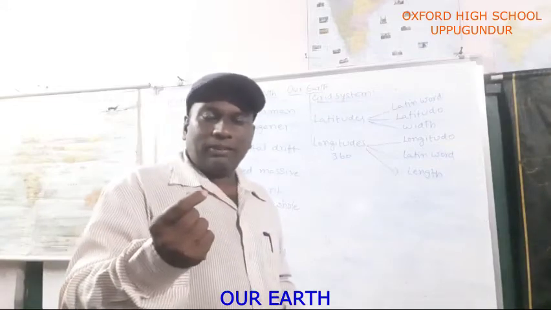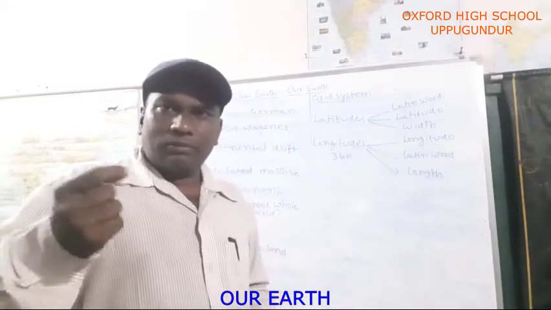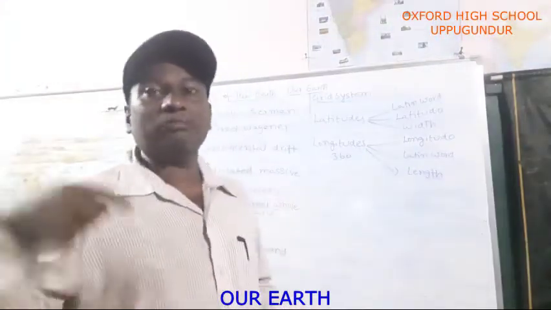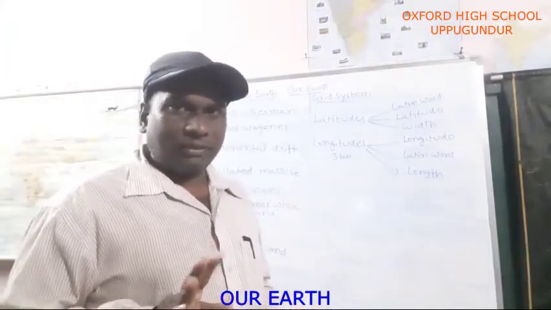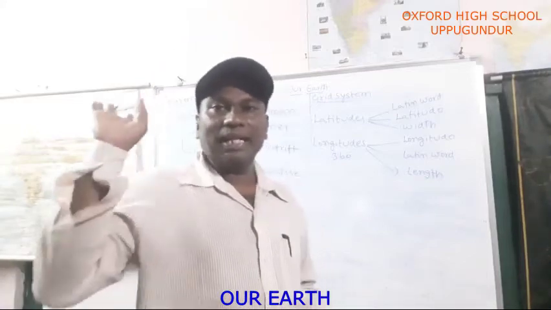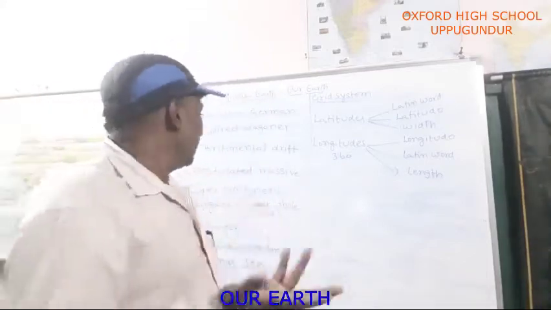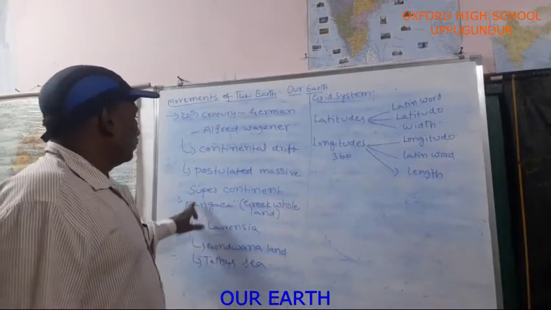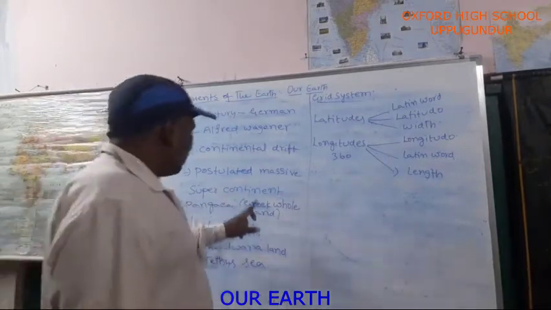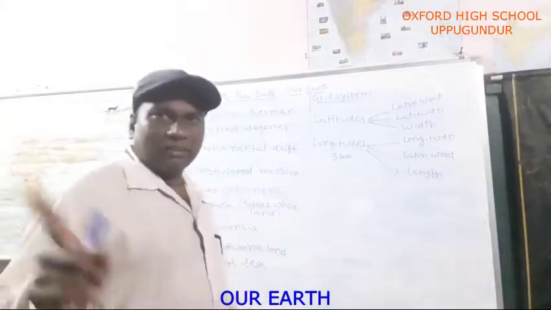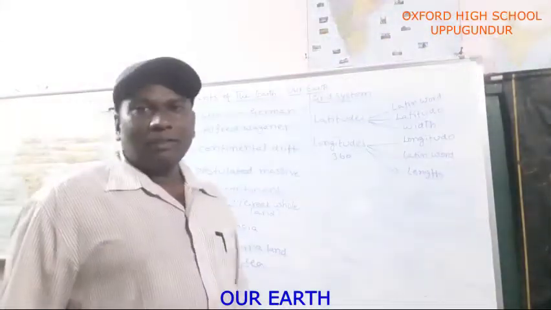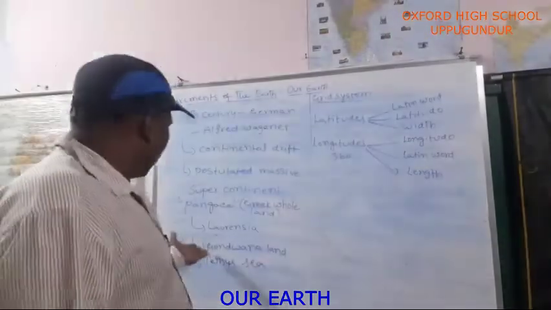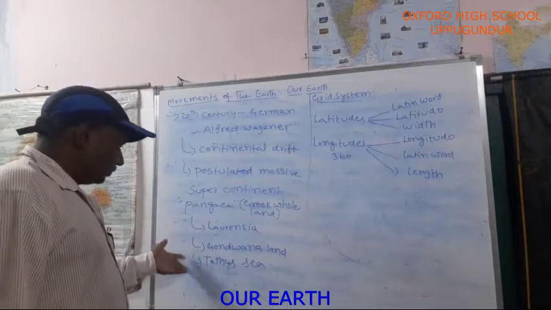If continents move, it will take millions of years. It won't happen in a single day. Then Pangea. He postulated a massive supercontinent, that is nothing but Pangea. Pangea means in Greek whole land. Already I explained regarding Laurentia and Gondwana land.